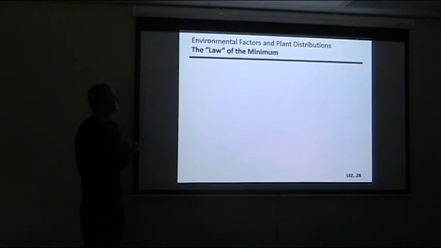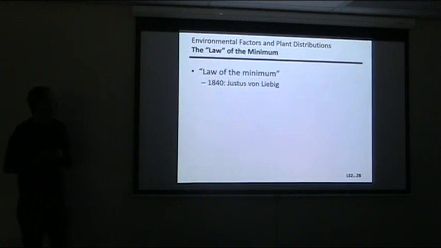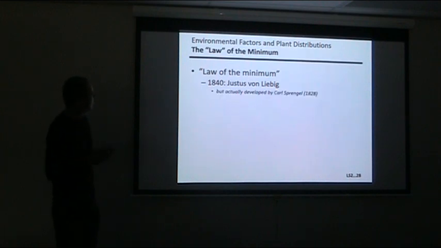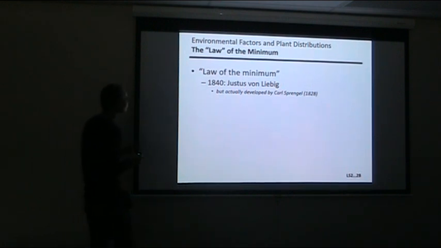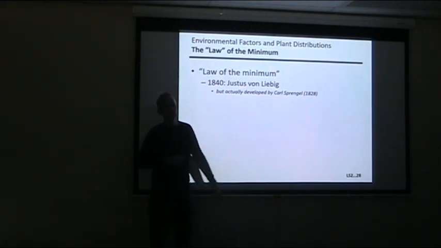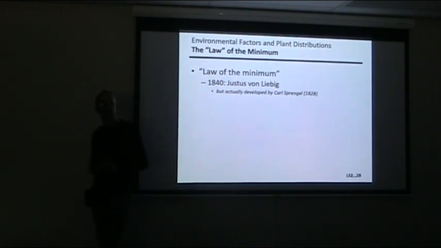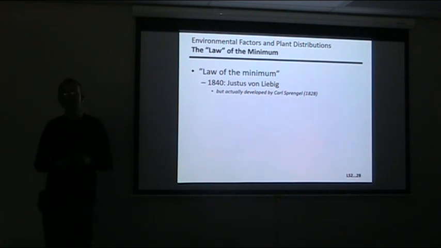The first one is Liebig's law of the minimum. A European theory, done in 1840, is very popularly referred to as Liebig's law, but actually it was developed by someone else. And Liebig, as is always the case in science, was very good at advertising his ideas, so he gets all the credit.